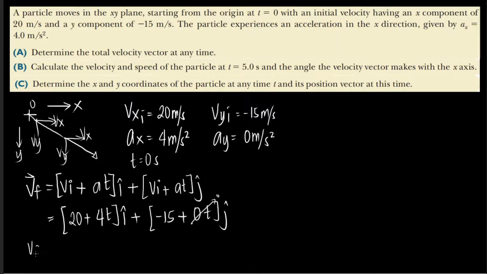So, simplifying, guys, the velocity vector at any time is equal to (20 plus 4t)i minus 15j. Actually, you should put parentheses. I bracketed it just in case I needed to put parentheses, but mathematically speaking, this is what it should look like.